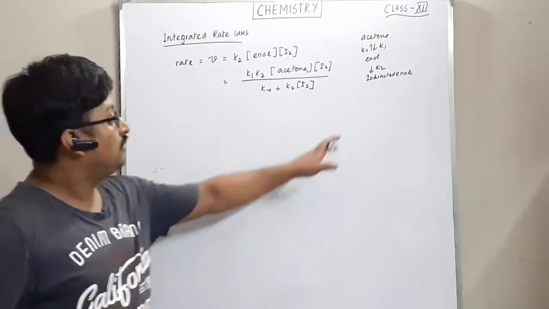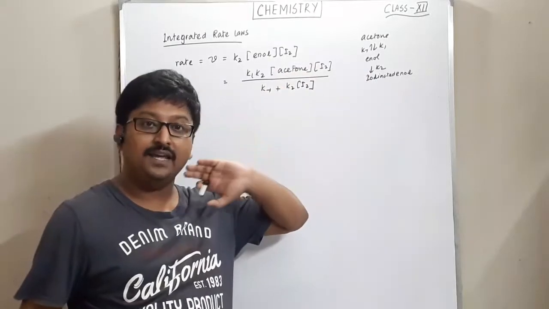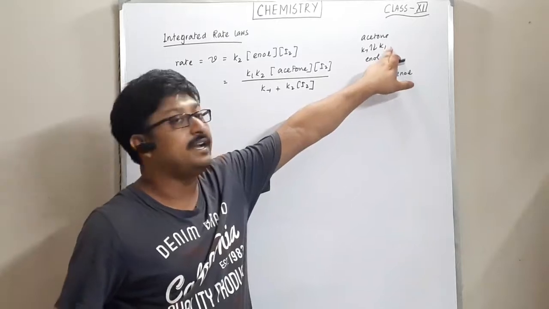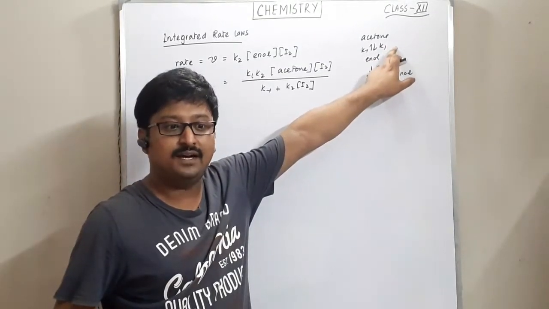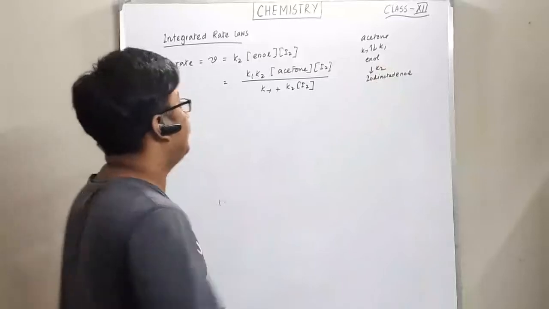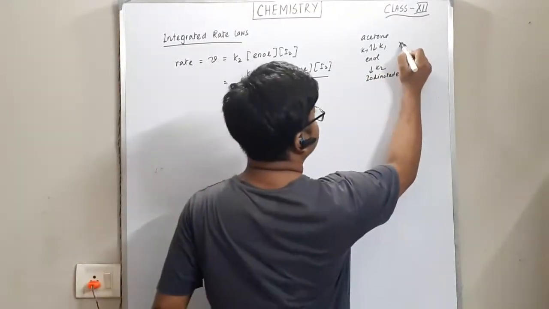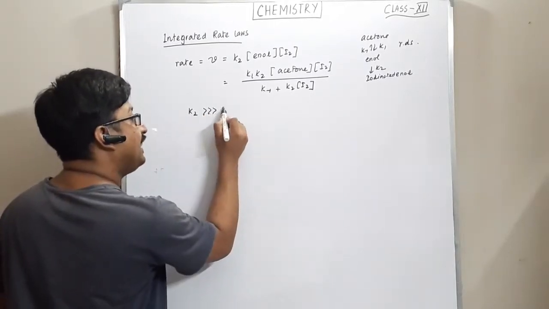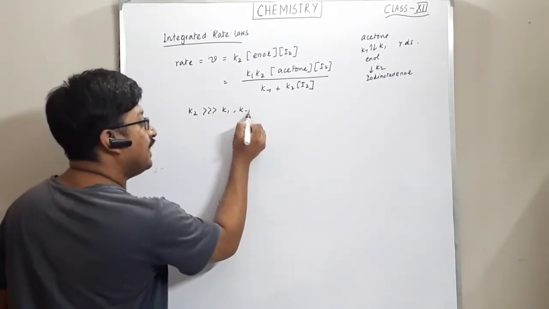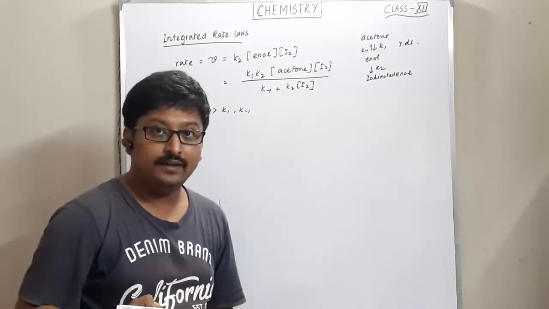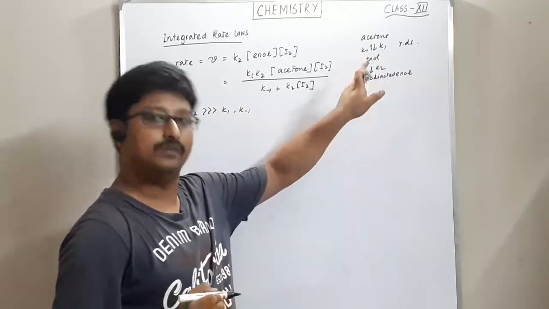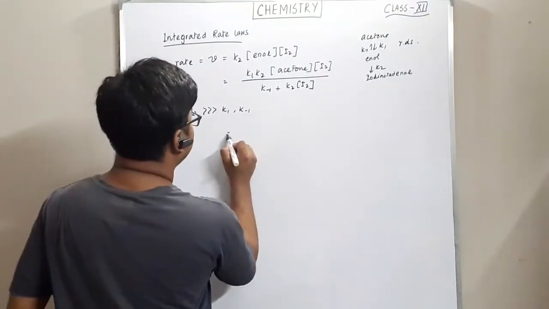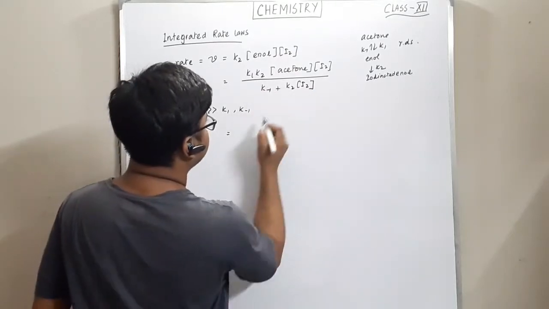Now we can say from here that if this is the rate determining step, then if this is the RDS of the reaction, your K2 will be much greater than K1 and K minus 1. Correct? If this is the rate determining step, which is the slowest step, then the K2 will be the faster. Correct?